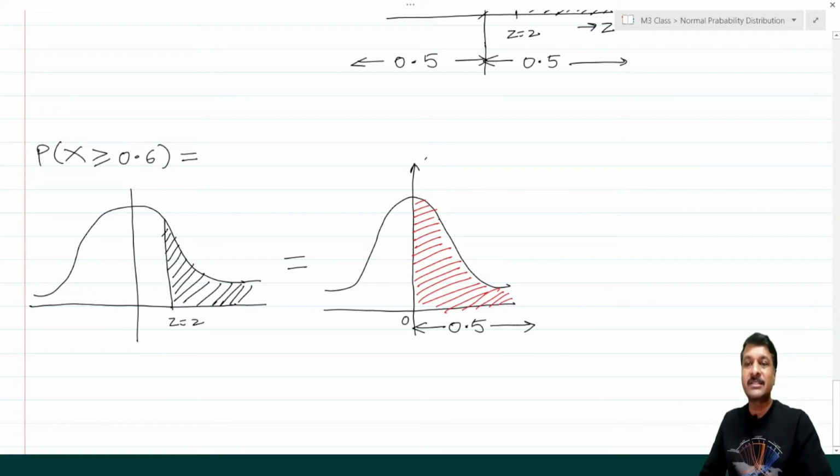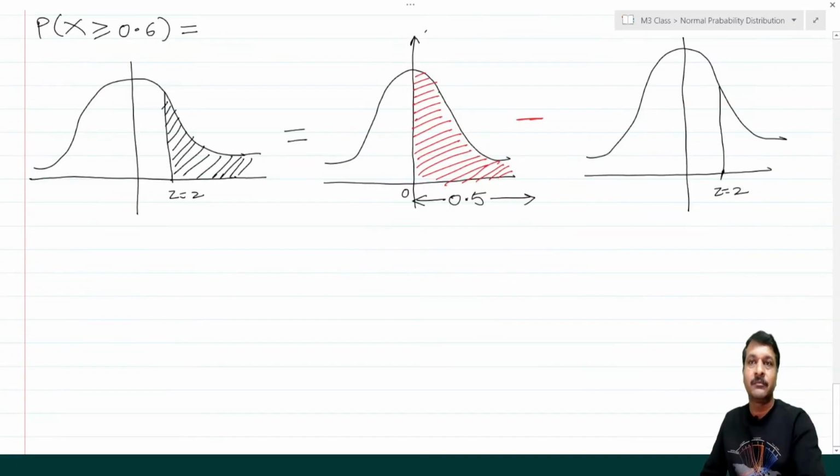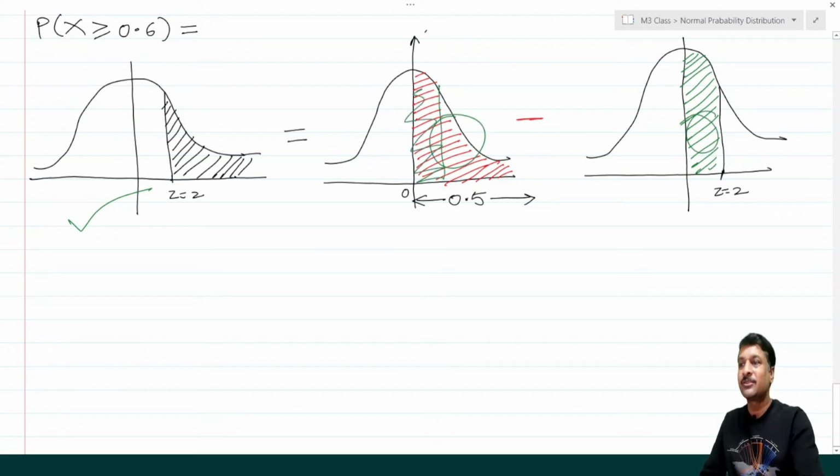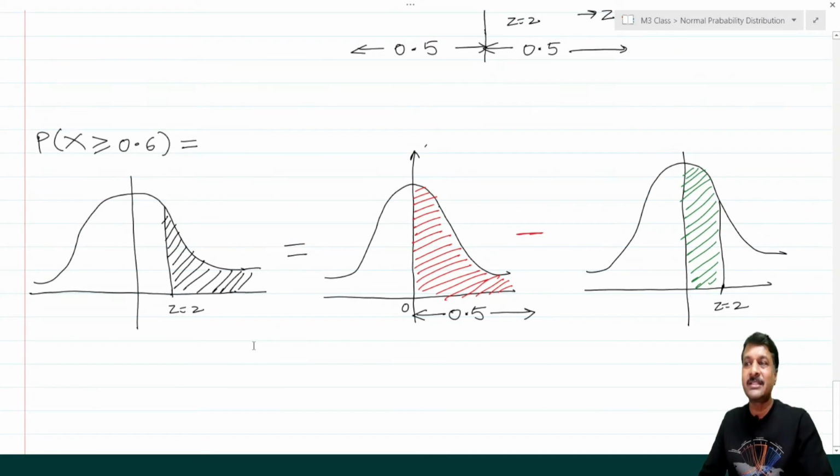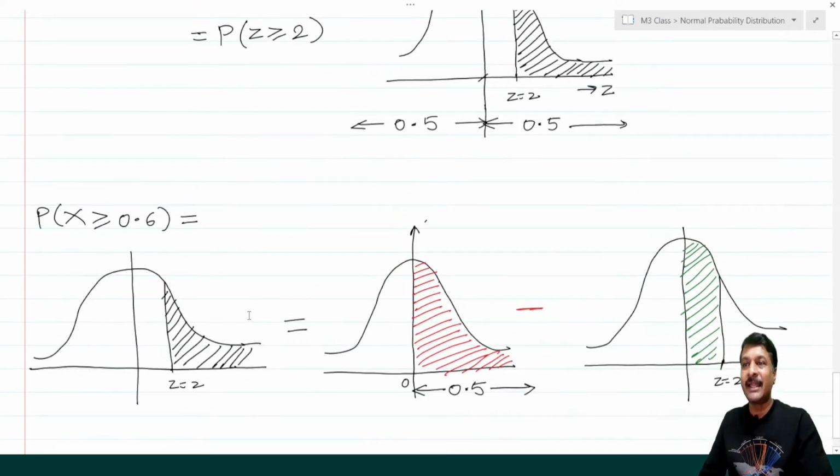When we subtract this given area from 0.5, I will get the required area, which is this one. So again I repeat, there is no need to draw such figures in exam. Here it is only for understanding. In exam one figure is sufficient.